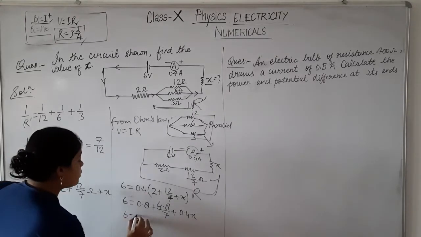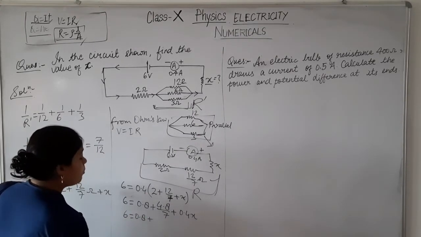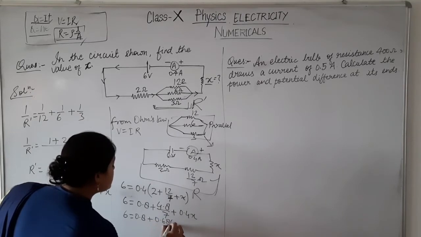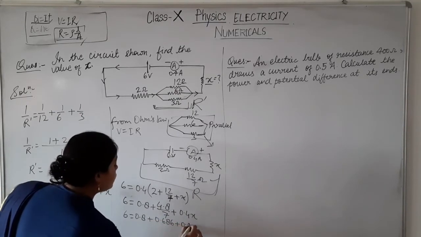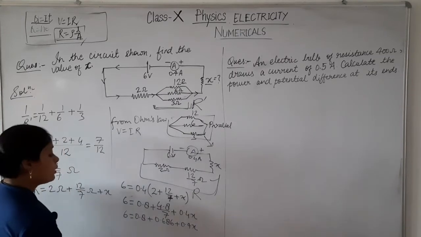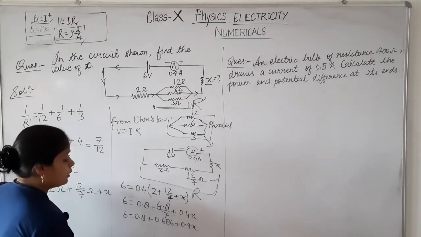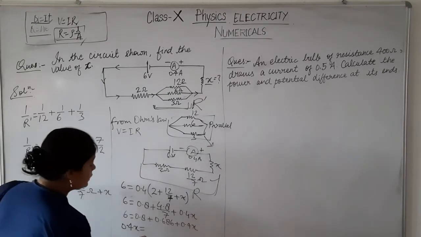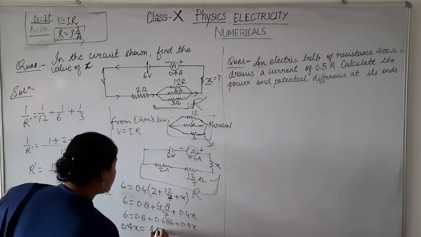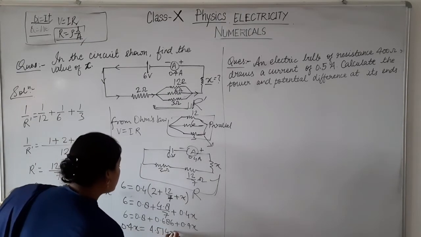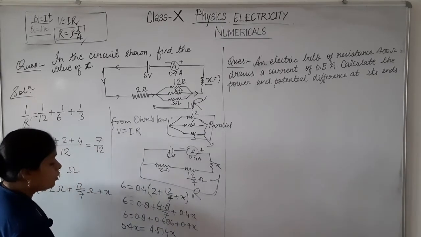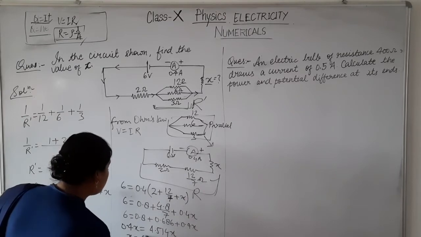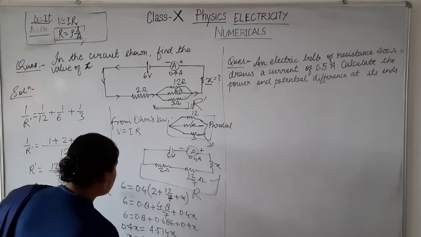Now 6 is equal to 0.8 plus 0.686 plus 0.4x. So 0.4x is equal to 4.514.